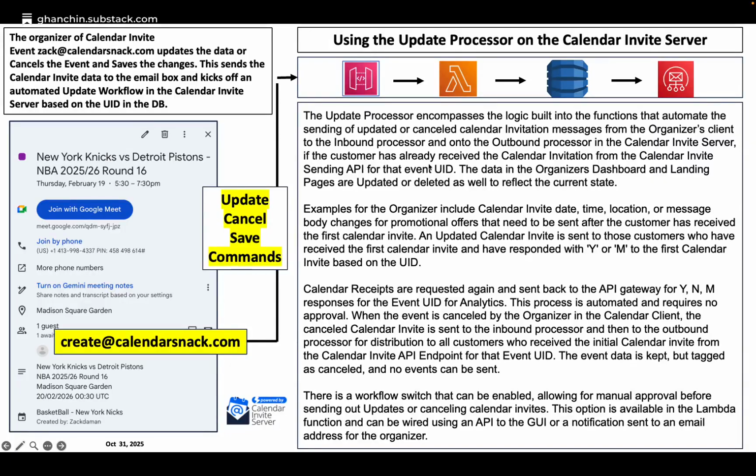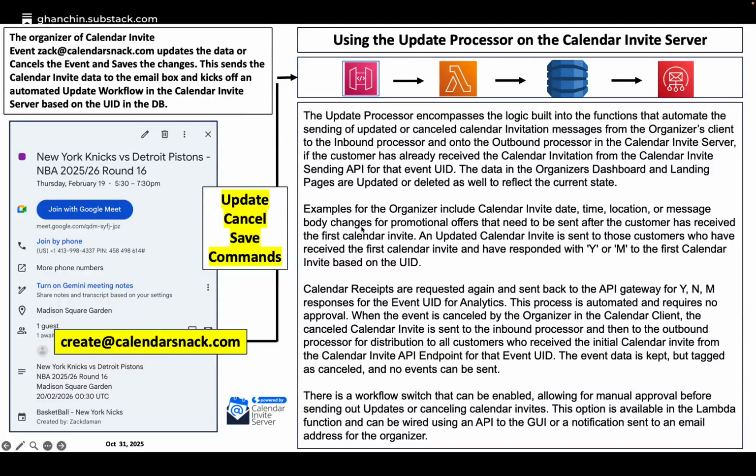If the customer already has received the calendar invitation from the calendar invite sending API for that particular UID, the data in the organizer's dashboard and landing page are updated or deleted as well to reflect the current state. So again, this is an automation process using our functions and intellectual property that take on the calendar invite processing messaging flow.